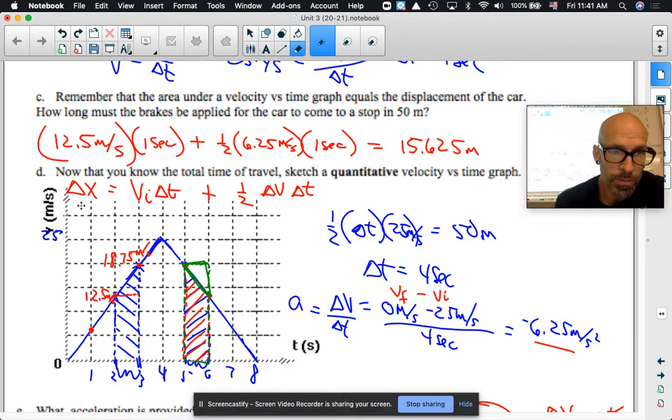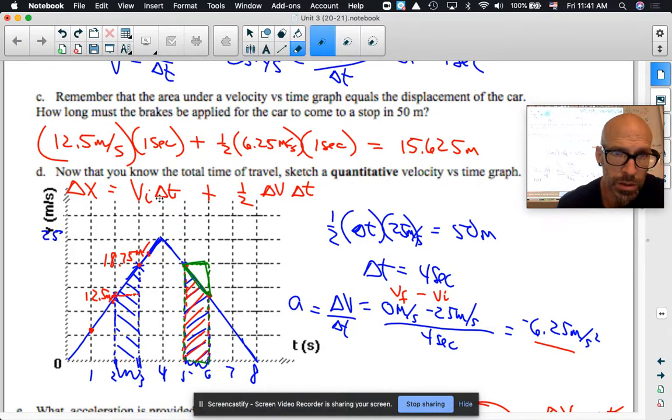Now, I had asked, hey, is there some way we can put these numbers into variable terms? Like, what is 12.5 meters per second to this little 1 second of time interval? Well, that's the VI. That's the beginning velocity at the beginning of the interval.